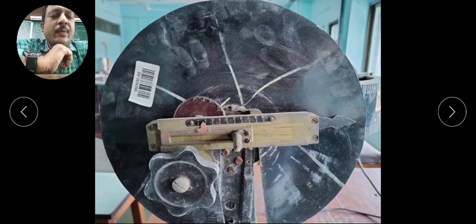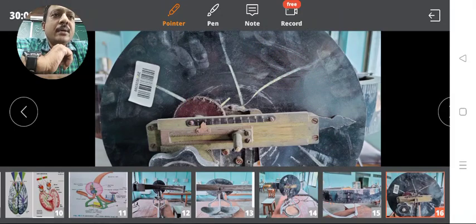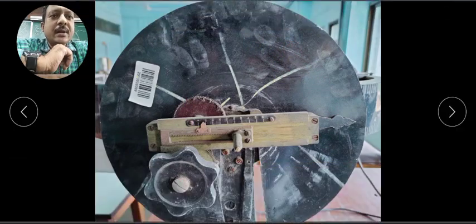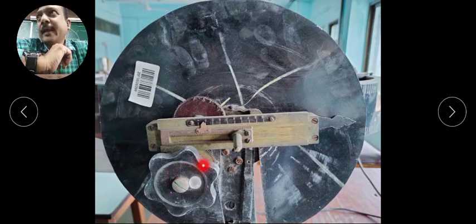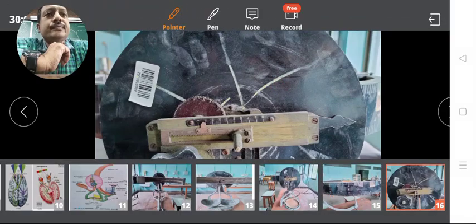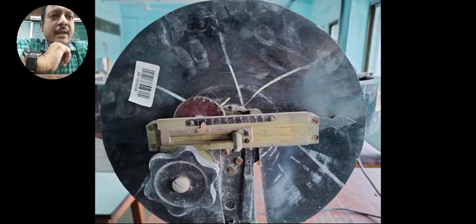This is the perimetric chart marker, and this is the hand wheel. It can be rotated like this.